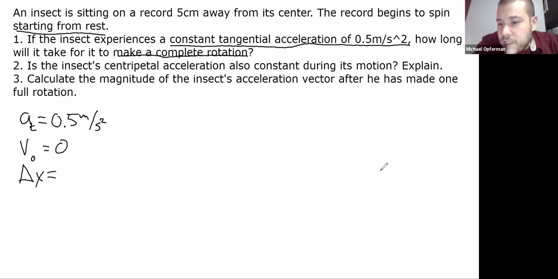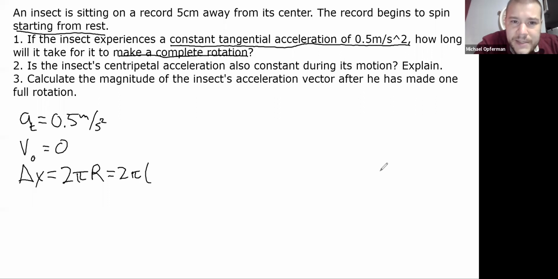Now again, this is a little bit squirrely because technically his displacement is actually 0 for this process because he ends up at the same place as where he started. But because I'm doing this one-dimensionally along the perimeter of the circle, I have to take into account the fact that he made a complete loop. So I'm going to put in the delta x as 2 pi r, the circumference of the circle, which again is slightly weird, but will work.